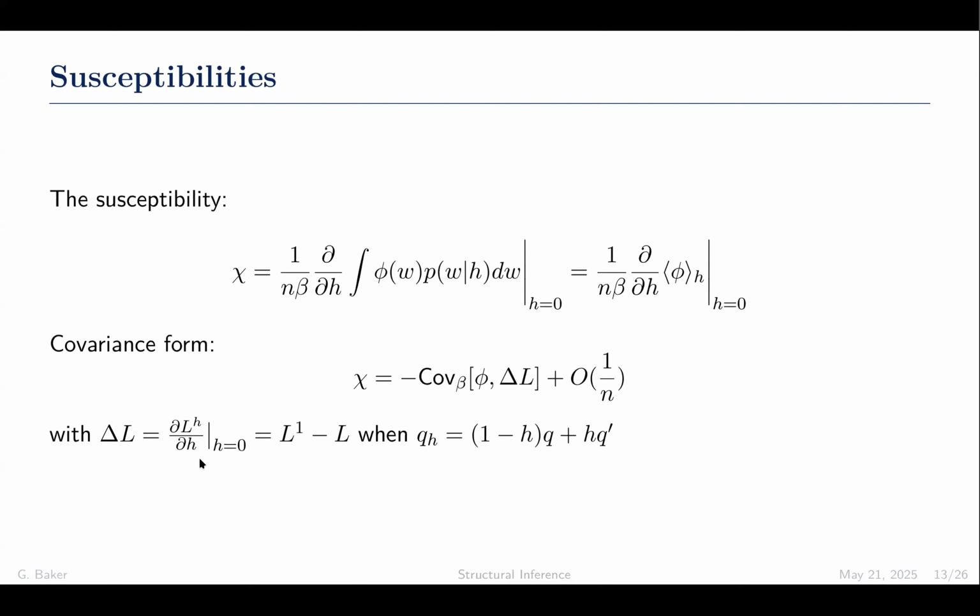That is not as horrible to compute because we don't have to rerun samples. Here we're doing expectations; here we're just evaluating the loss on a sample from each of the different data distributions. That's easy. And this is the Q_h I was talking about before. We have 1 minus h times our original distribution plus h times what we call our probe distribution. So this is our pre-training distribution, this Q, and we call the Q prime our probe distribution. That gives us our Q_h.